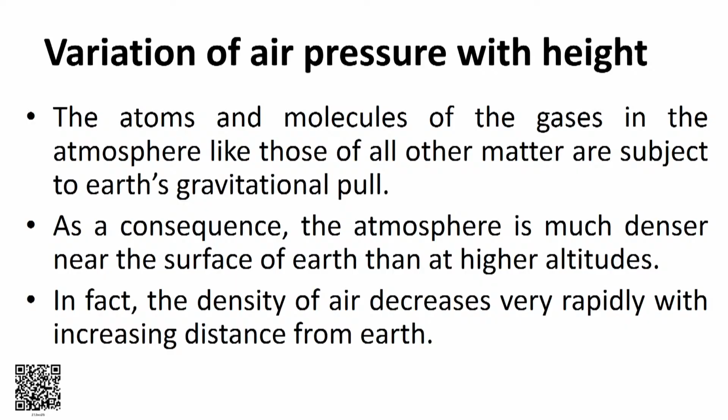Now we move to the variation of air pressure with height. Atoms and molecules of the gases in the atmosphere, like those of other matter, are subject to Earth's gravitational force. As a consequence, the atmosphere is much denser near the surface of the Earth than at higher altitude, and the density of air decreases very rapidly with increasing distance from Earth.